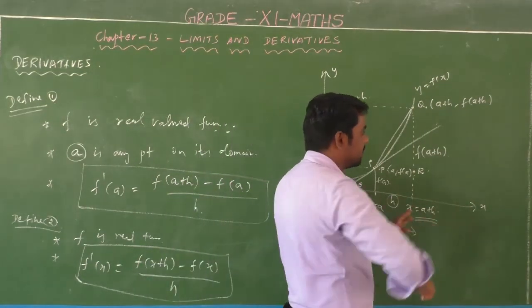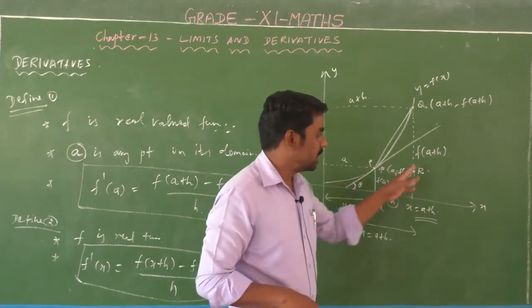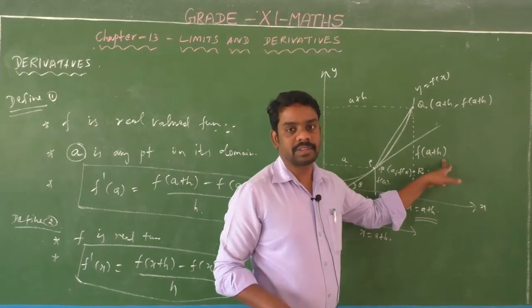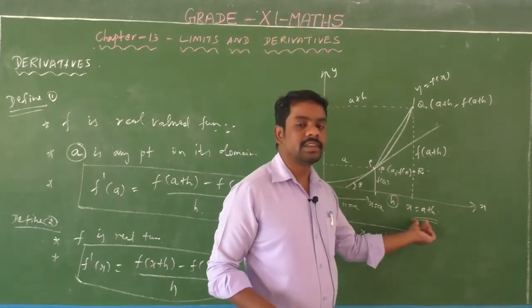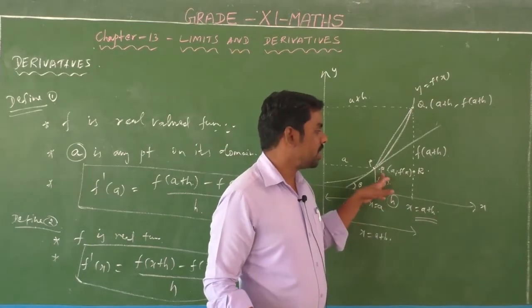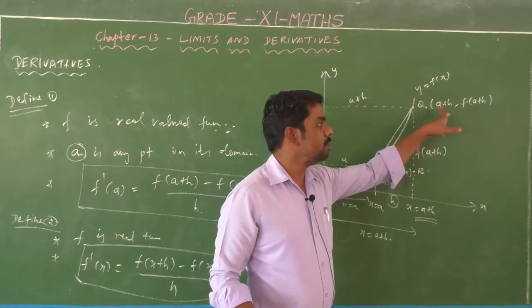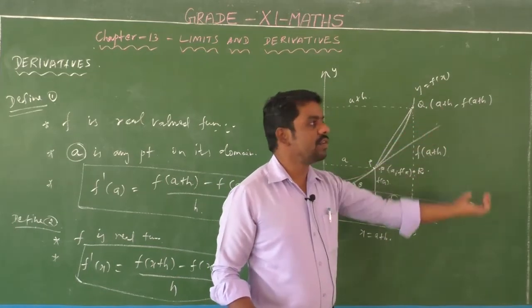When h increases, x increases, and the y value automatically increases. That is f of a plus h. For example, x equal to 1, and here 1 plus 0.1, that is 1.01. Here the point will be 1 comma f of 1. Then point Q will be 1.01 comma f of 1.01.